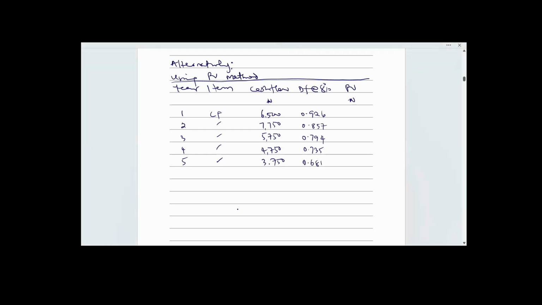So let's get the present value. So 6,500 multiplied by 0.926 equal 6,019. 7,750 multiplied by 0.857 equal 6,642.